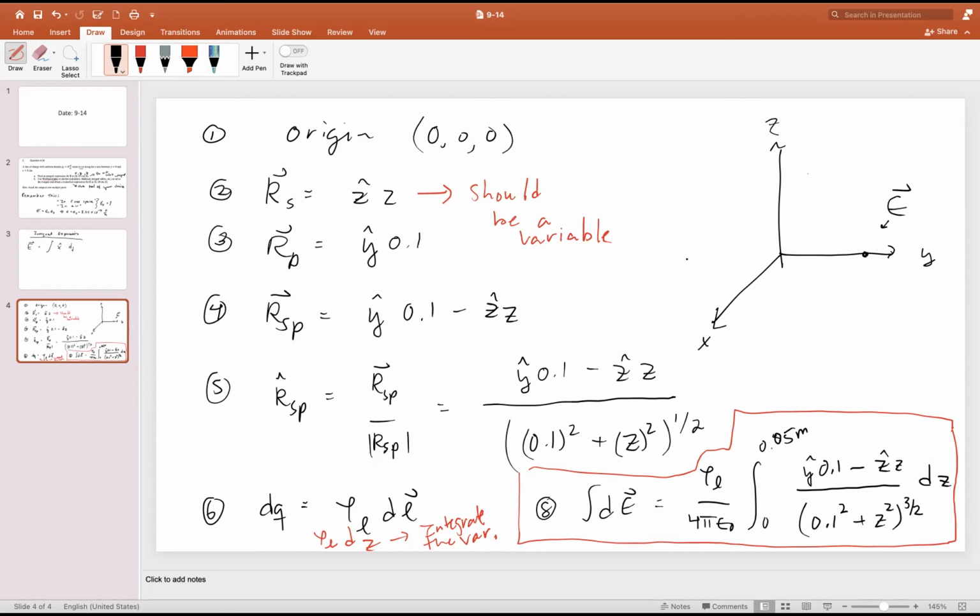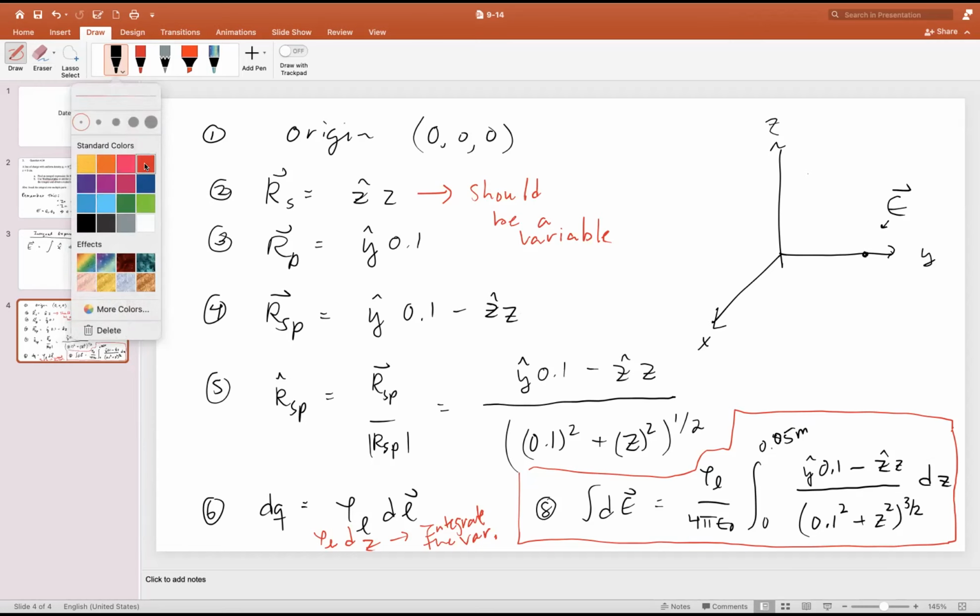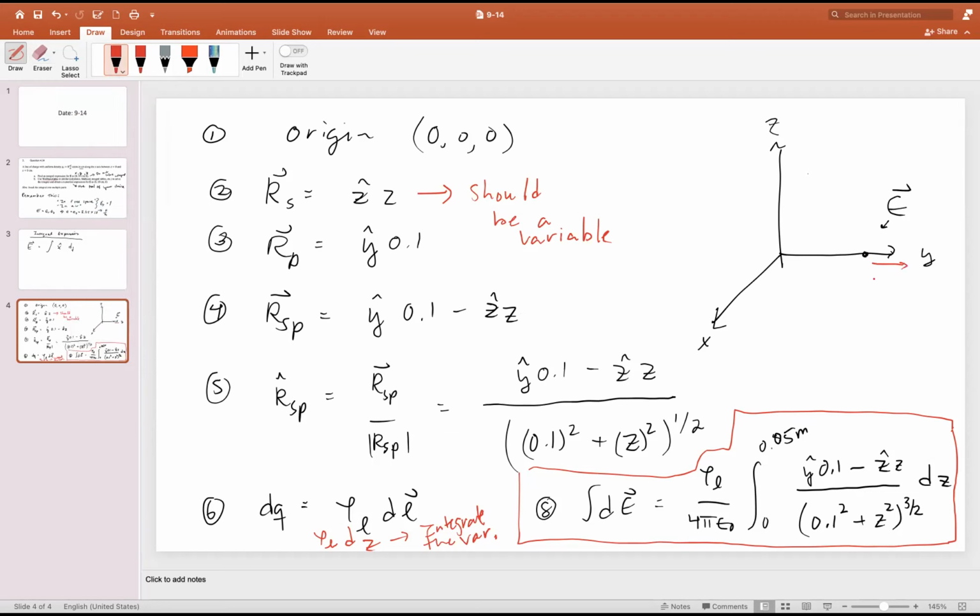And we can see that it's going to be in this y direction. It'll have some component in the y direction, and then in the z, it will have some negative magnitude in the z direction.